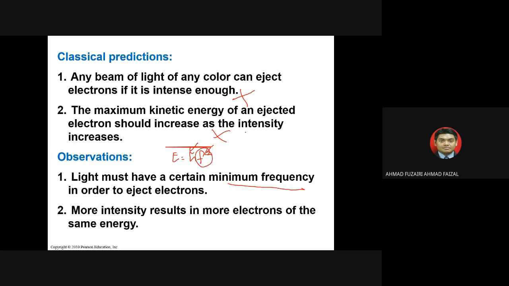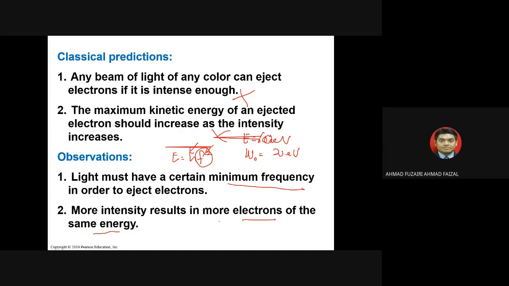Light must have a certain minimum frequency. If, let's say, E is 10 electron volts and your W naught is 20 electron volts, then the photoelectric effect cannot happen. You cannot get the Kmax. And observation number two: more intensity results in more electrons of the same energy.